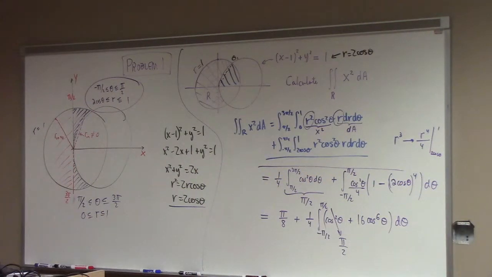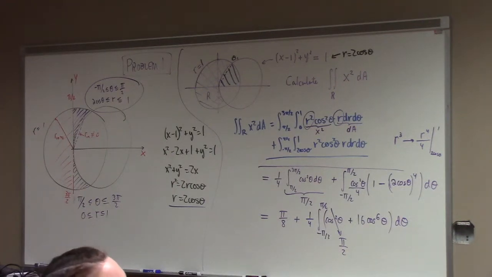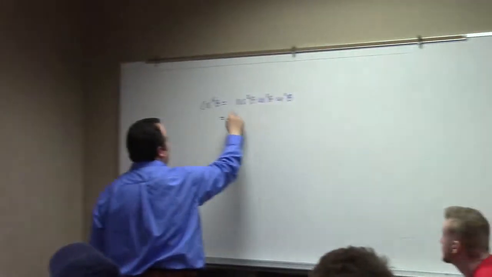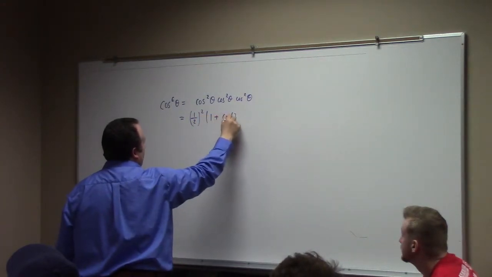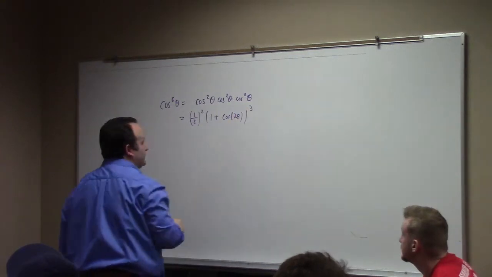Can't we separate it into a few? You could go to the recursion formula, or if you just wish to face it in direct battle, here's how it goes. Oh, you could use Wallis formula, which I never remember. Yeah, that's true. So this is really cosine squared theta, cosine squared theta, cosine squared theta, which is 1/2 squared times 1 plus cosine 2 theta cubed, yeah?